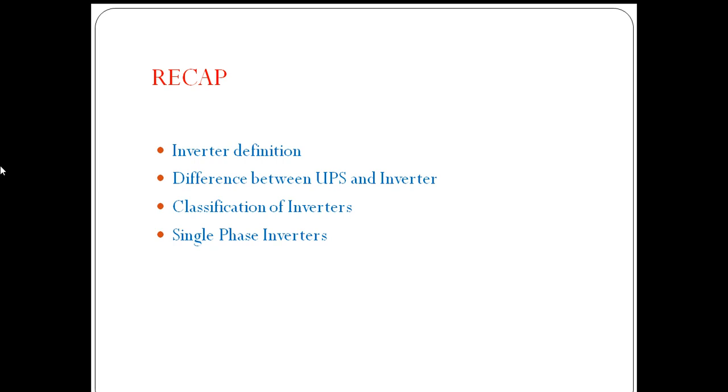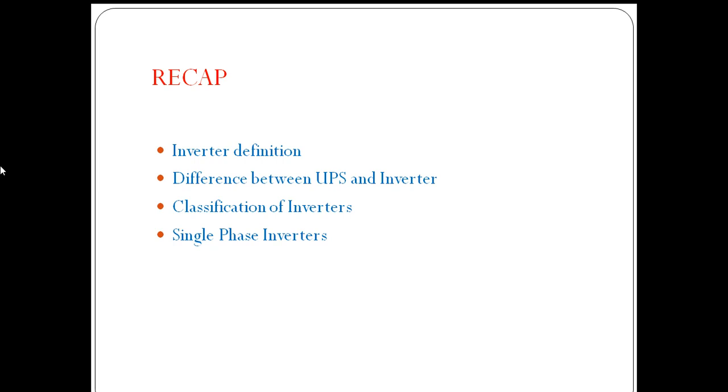As the source utilization factor is around 50% in single phase half bridge inverter, we go for single phase full bridge inverter generally in practical applications, because it requires only a single phase supply. We require only two wires for supply.